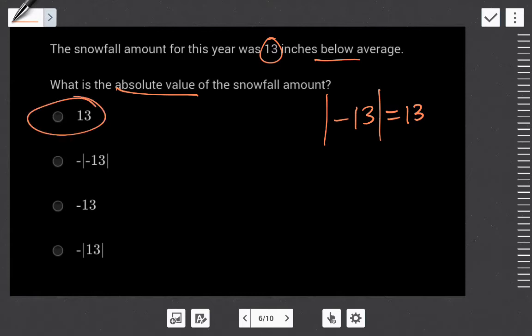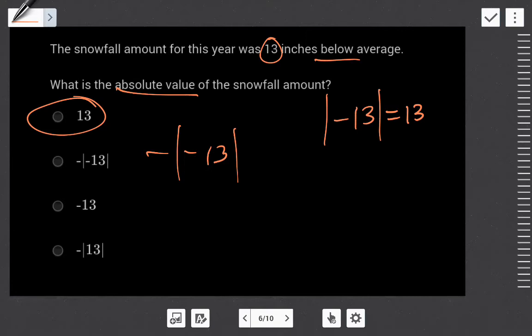So we can see that this is our answer, but let's take a look at the other choices and see why those can't be. Alright, so the second choice says negative and then the absolute value sign and then negative 13 within it. So we have to simplify what's within the two vertical lines only. We cannot touch what's on the outside. So if I were to ask you what's the absolute value of this, you have to simplify negative 13.